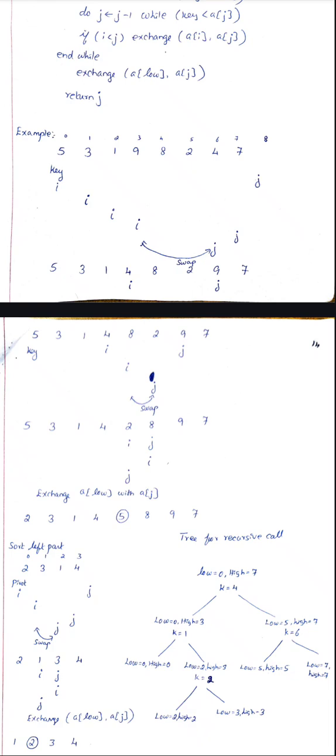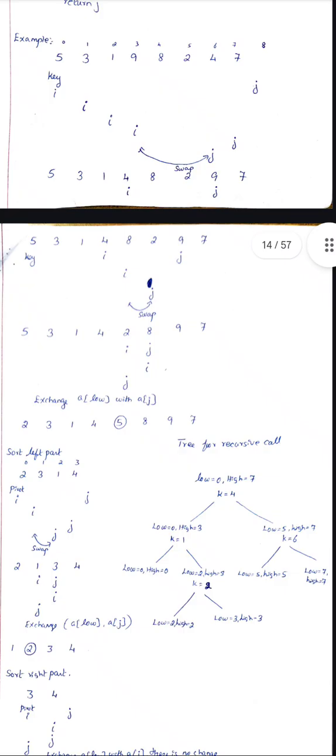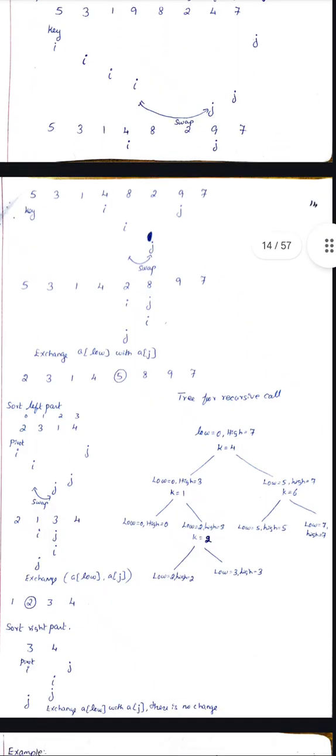So key is 5 again, but j is at 9. Is 5 less than 4? Yes, it is. Is 5 less than 8? No. Then we'll consider j.